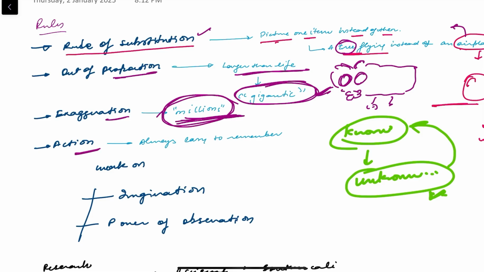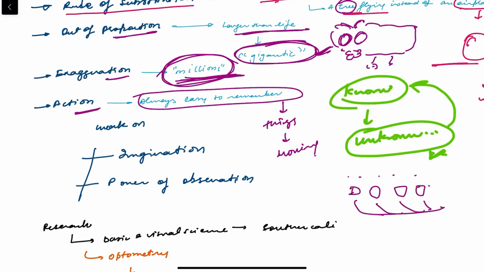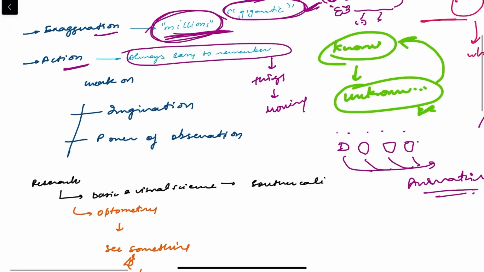Then action. Action is always easy to remember because we tend to remember things that are moving. If I show you a series of pictures, just slides, you might not remember them. But if I turn those slides into animation, where they are flying all over the place, making some weird movements, this you would remember.